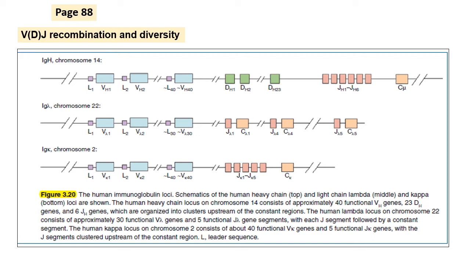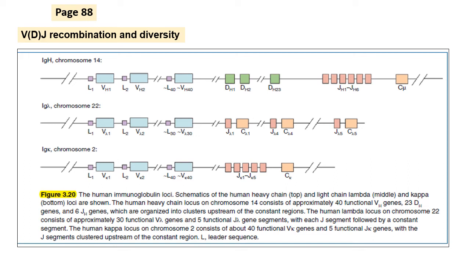Each J segment is followed by a constant segment. As you can see here, C lambda follows each junctional segment, that means C lambda 1, C lambda 2, C lambda 3, C lambda 4, and C lambda 5.